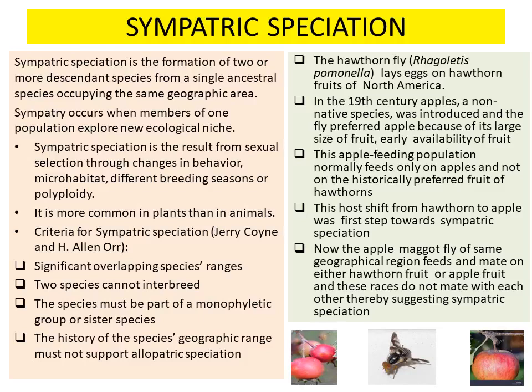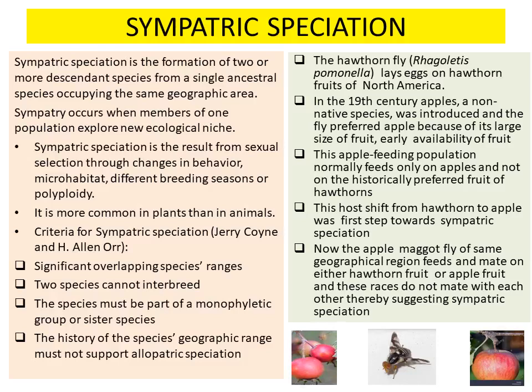Sympatric speciation is a result of sexual selection through change in the behavior, microhabitat, different breeding season, or polyploidy. It is more common in plants than in animals, right? Now, very important is, in the case of sympatric speciation, 2 species cannot interbreed, right? The species must be a part of a monophyletic group or sister species.